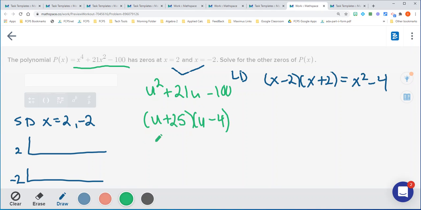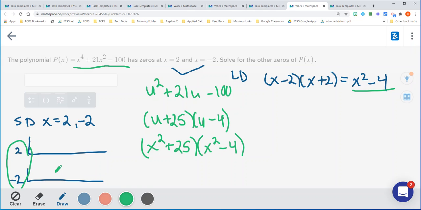Go back to x's. Okay, back to x's. Notice this x squared minus 4 factor is this one, which corresponds to these two. And if you had done the synthetic over here, we would have gotten 1x squared plus 25.